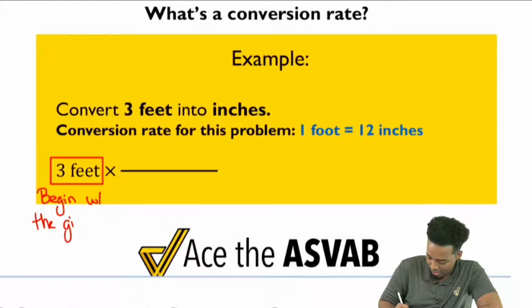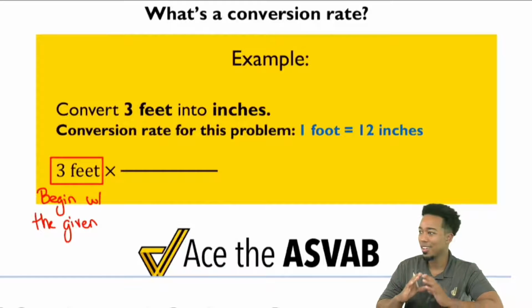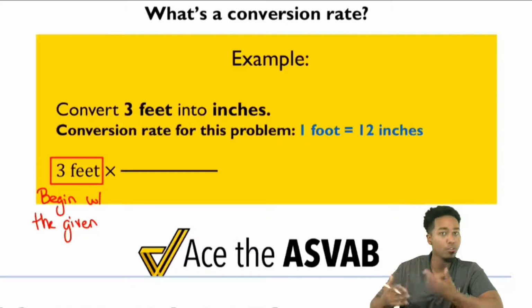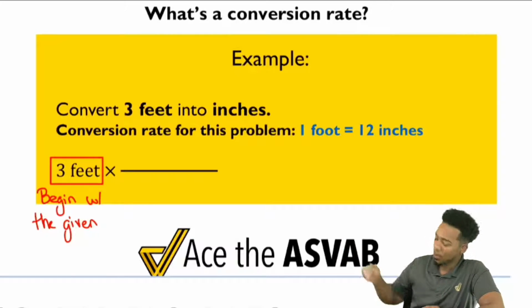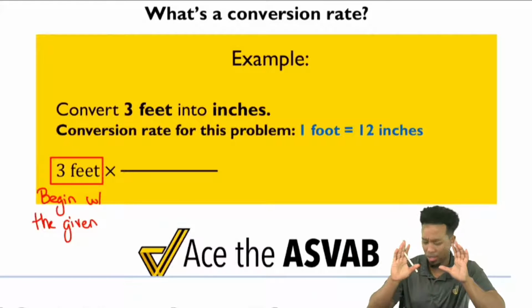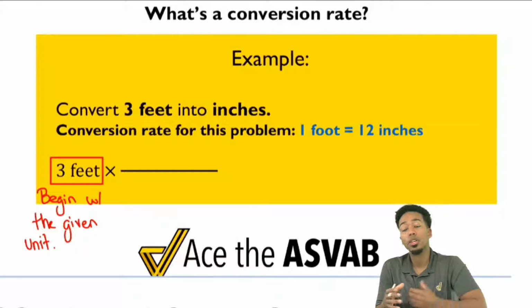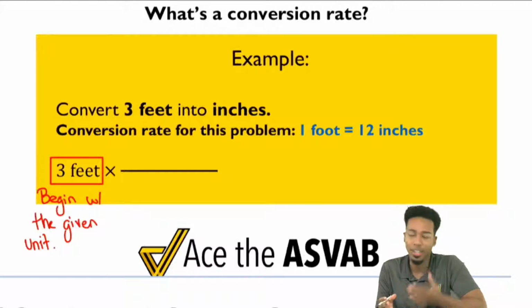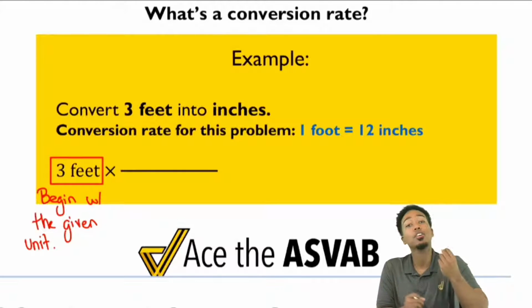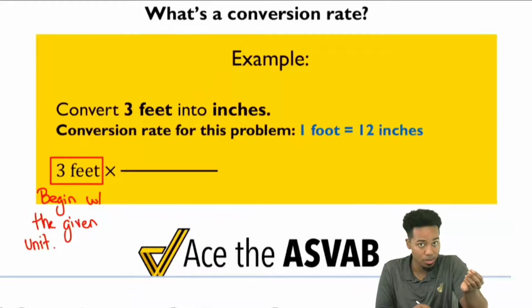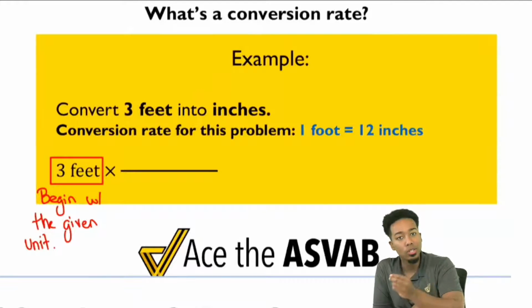I'm going to label this and detail this for you so much that it's going to make it very easy to refer to in your notes. Okay. So the first thing you do is just begin with the given unit. Then number 2, you're going to present the conversion rate. And again, I'm going to explain what that is in a second. You're going to present the conversion rate to cancel the old unit and leave the new unit.